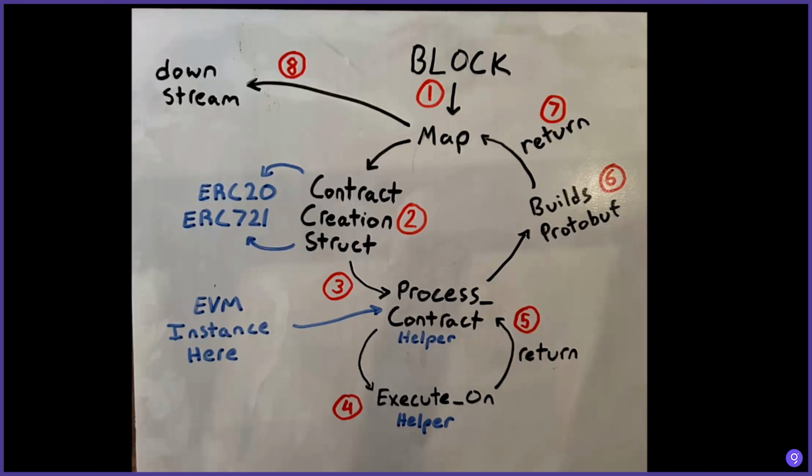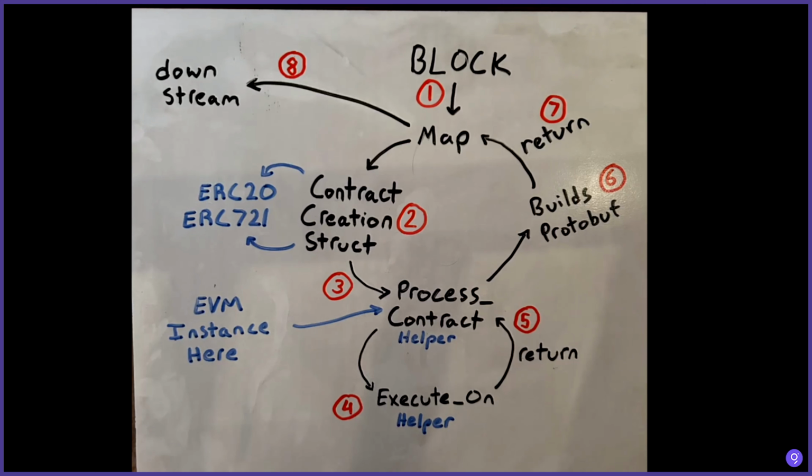This is the flow here. We have our map module that takes in the data from the block. From that data, we build contract creation structs, and it'll be a little different depending on whether the contract is an ERC20 or ERC721.